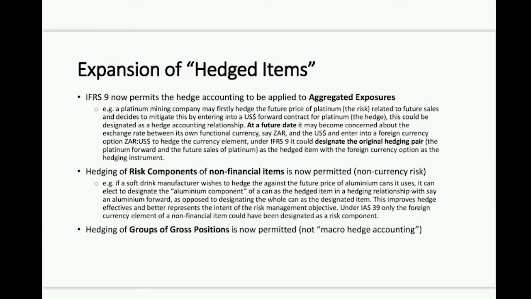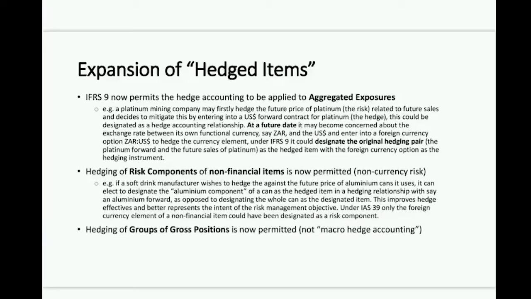And it is concerned that between now and then the price of platinum may drop, and therefore it wishes to hedge that risk, which would be, in this case, a commodity price risk. And it decides that it's going to mitigate this by entering into a forward contract for the price of platinum. It happens to be a US-based company, so it enters into a forward contract price of platinum.